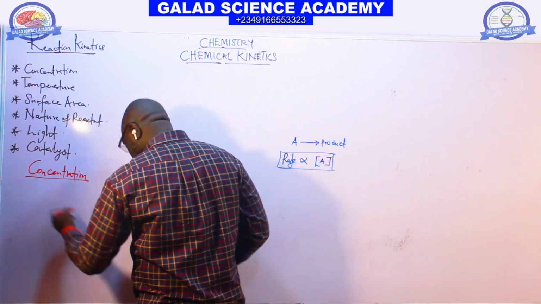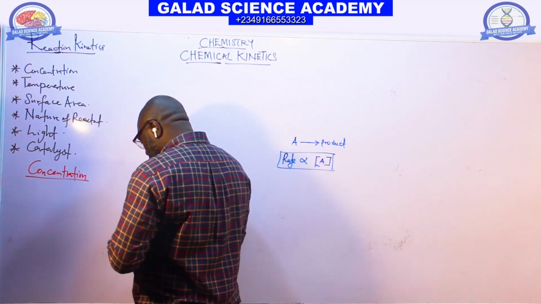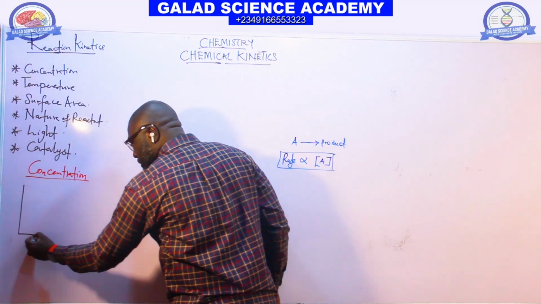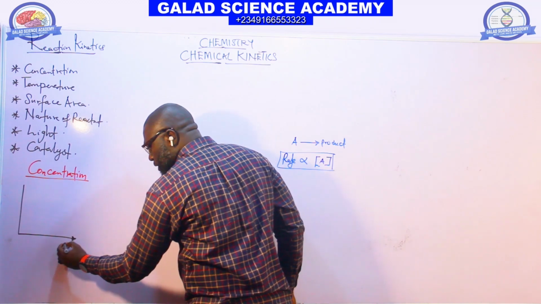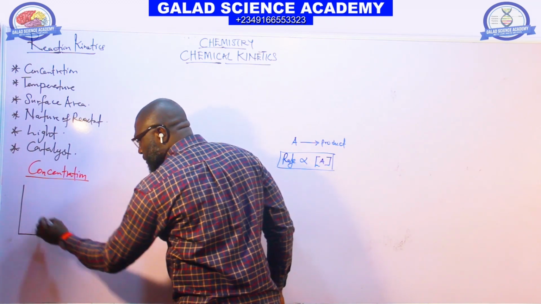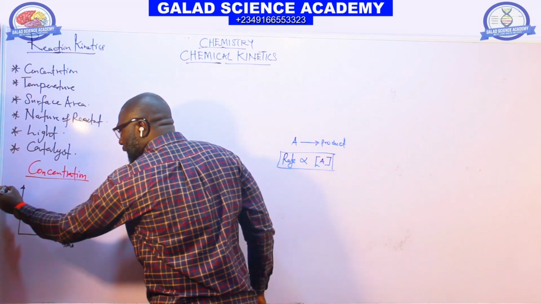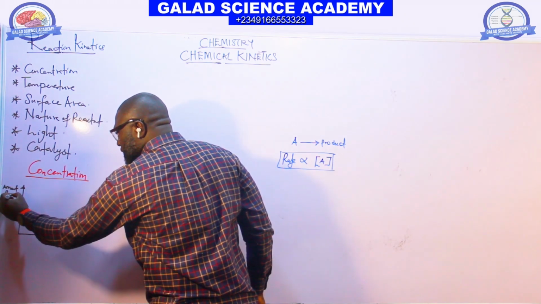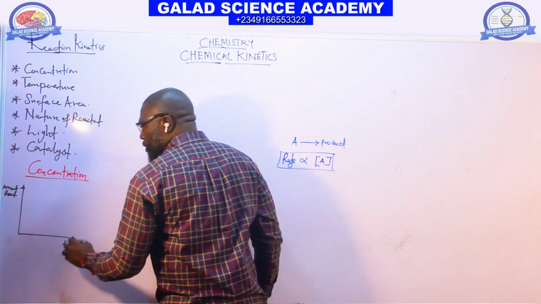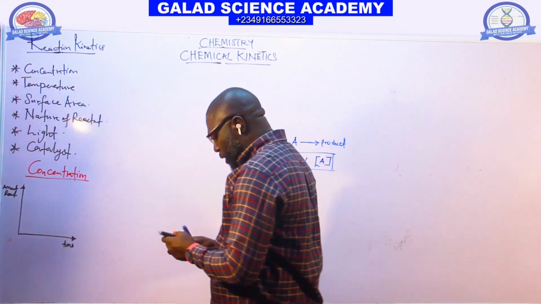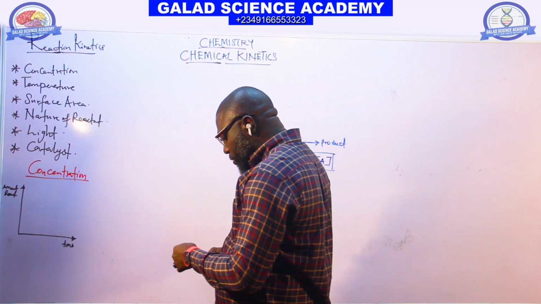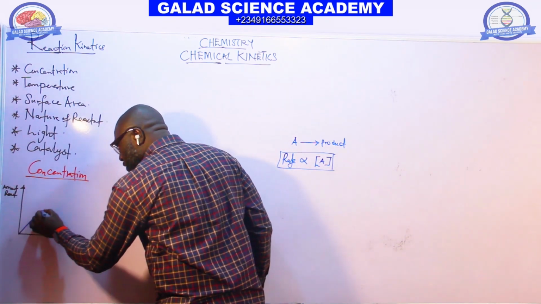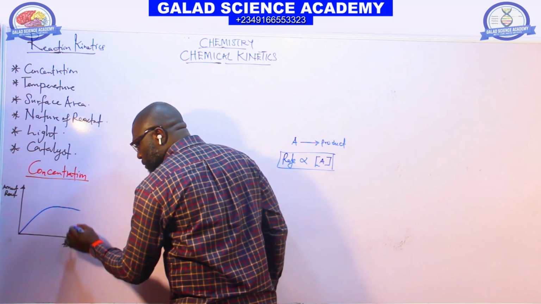So we can put it on the graph in this form. This axis is time. This side is the amount of reactant or product. And if you are plotting the graph of the effect of concentration, the first graph can be in this form.